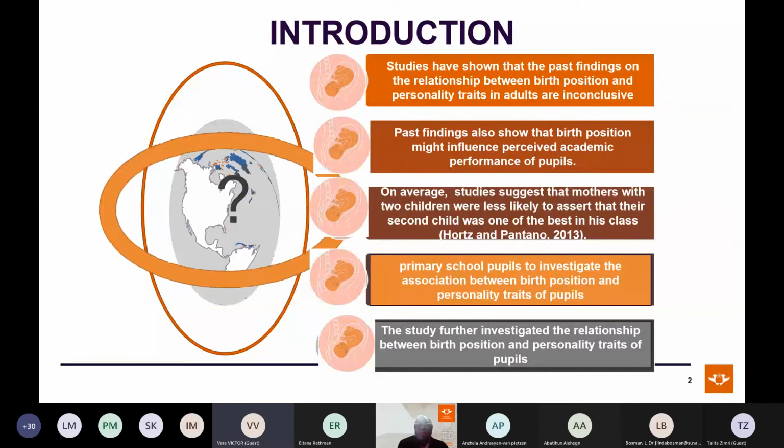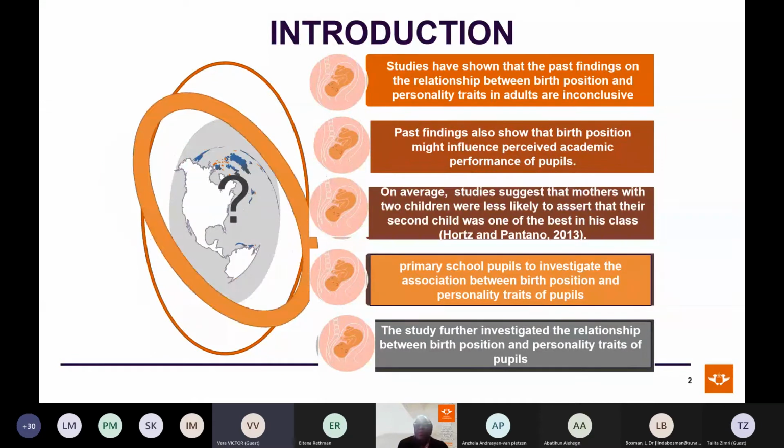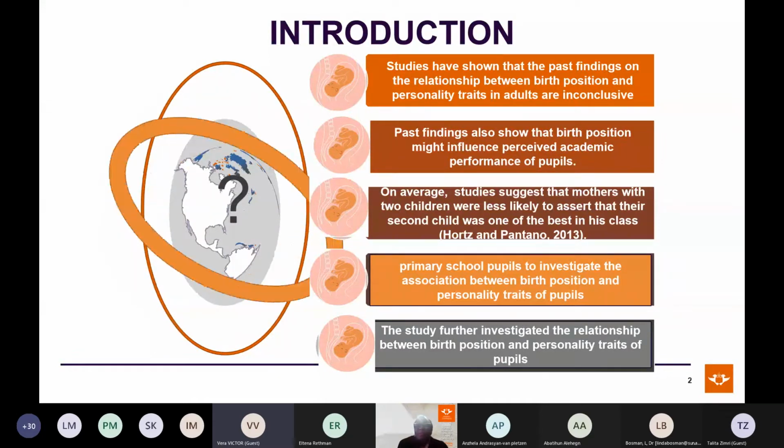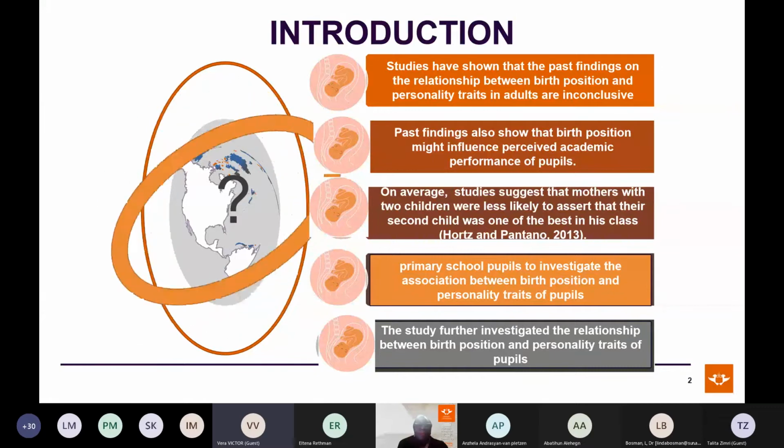Alfred Adler's theory of birth position posits that different positions or birth order may be correlated with both positive and negative outcomes, which include academic achievements.